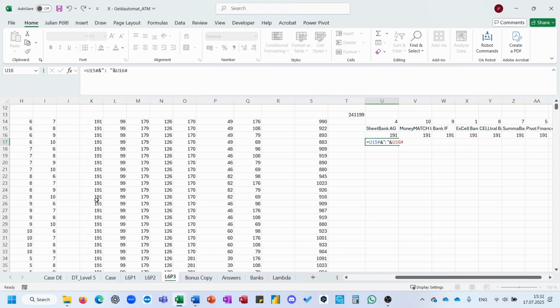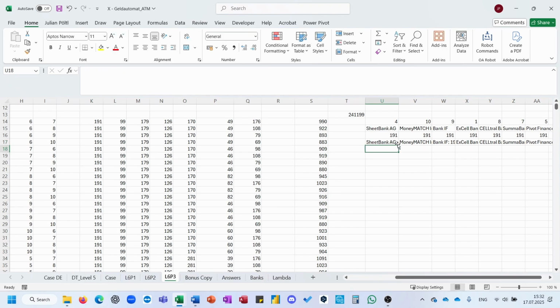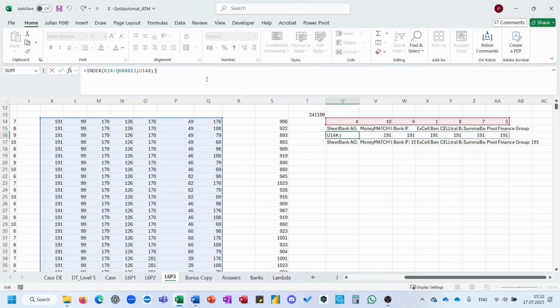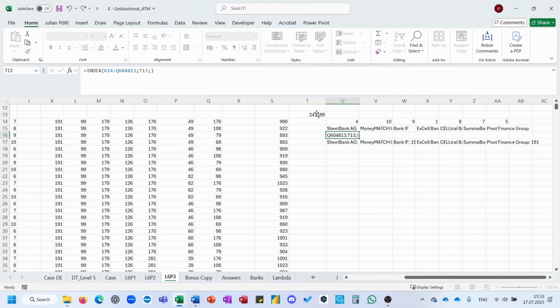Okay, it hasn't calculated properly, I think. 191 for everything is kind of odd. Ah, yes, I'm so idiotic. Okay, here we go. Sorry for that error, of course.